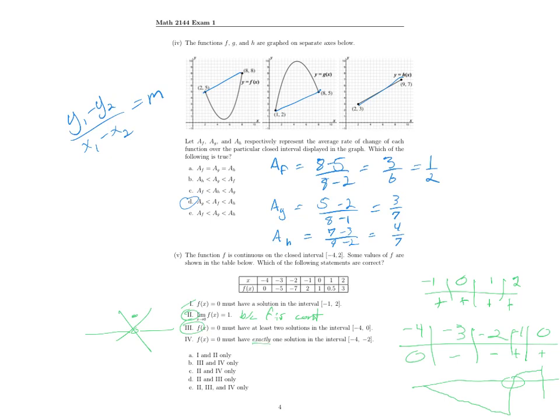It could have more, because we could have some weird stuff going on. Our function might look something like this. We're at -4, we're here at 0, and then we go up and then down to hit our -3 value, and then back up, and then back down to hit our -2 value. So there's no guarantee that there's exactly one solution, because there could be much, much more.